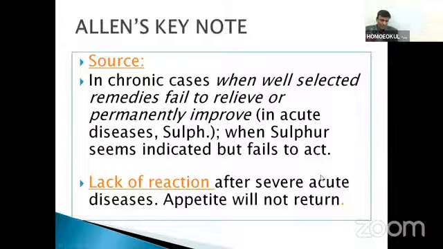Just see, I think similarity in second line. Debility remains after acute illness, when weakness persists. So Calcarea Phos, Psorinum as well as China you will get in comparison. Okay, so keep in mind all these medicines.